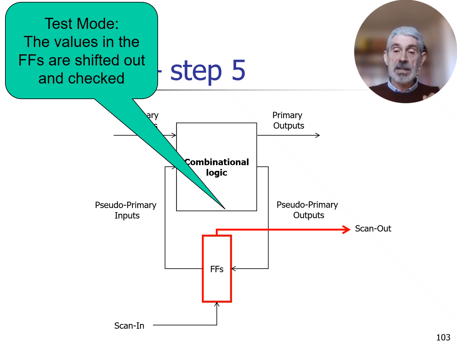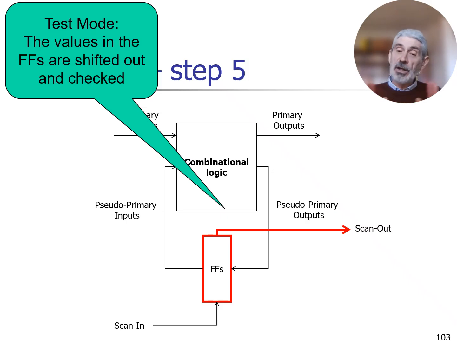Now, clearly this means that in order to apply a given test vector, I need to move the circuit to test mode, shift this test vector into the flip-flops, apply the specific values to the combinational logic, then capture the values in the flip-flops and shift them out.